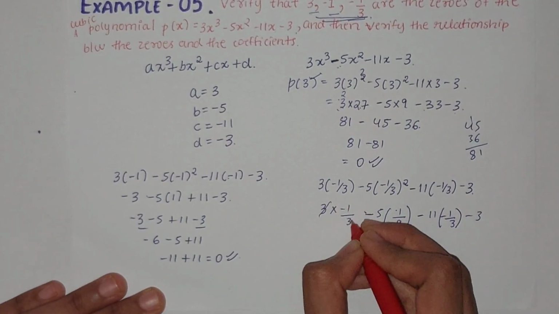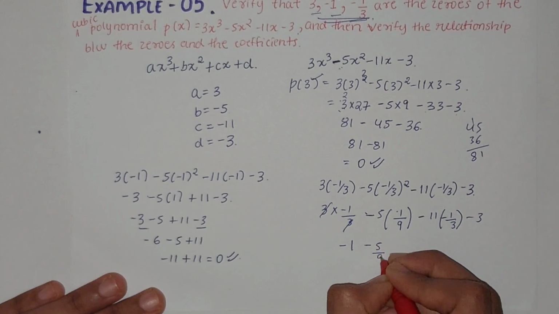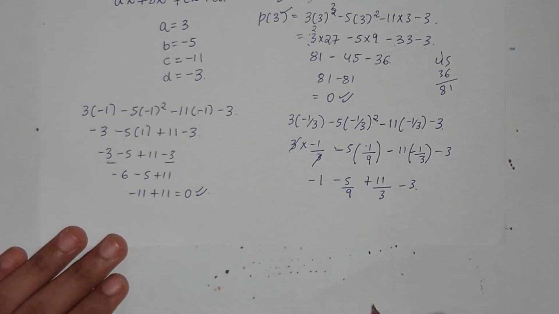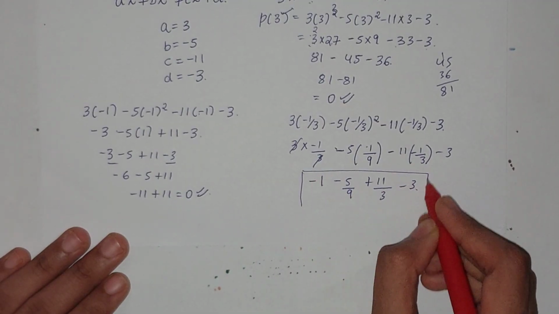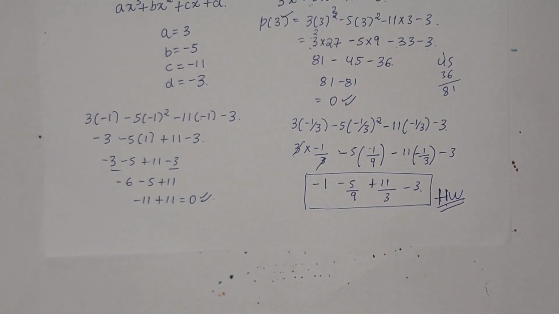Minus 3. 3 gets cancelled. So minus 1 minus 5 by 9 plus 11 by 3 minus 3. So what I'll do is I'll give you this as homework. Okay, this is your homework, and you're going to tell me the answer in the comment below.